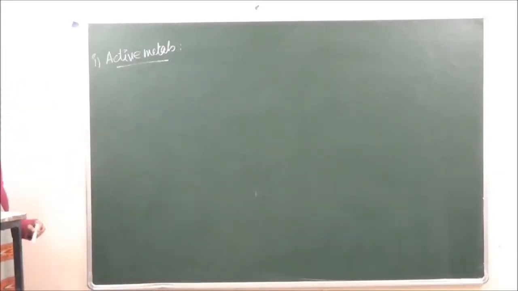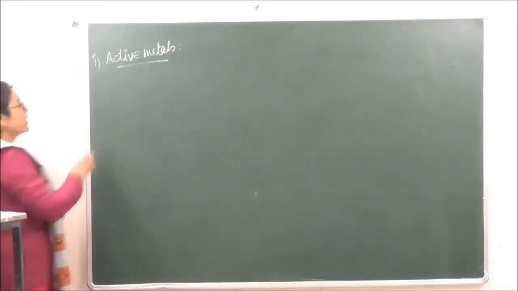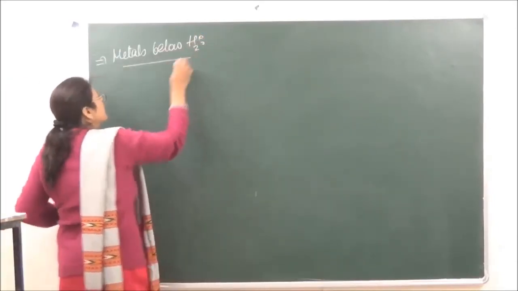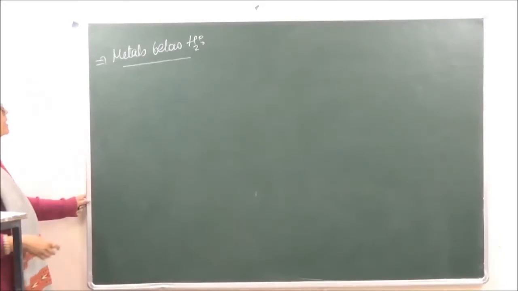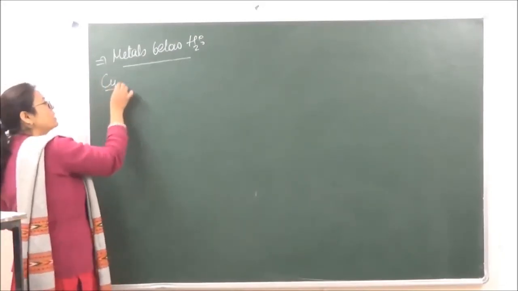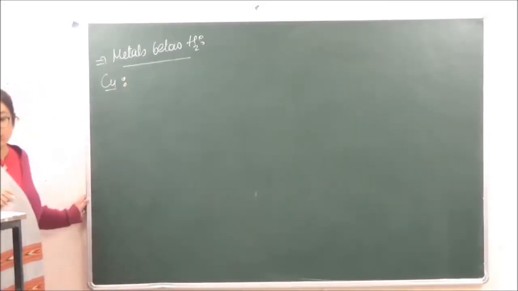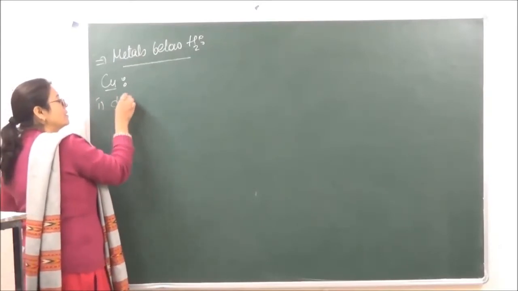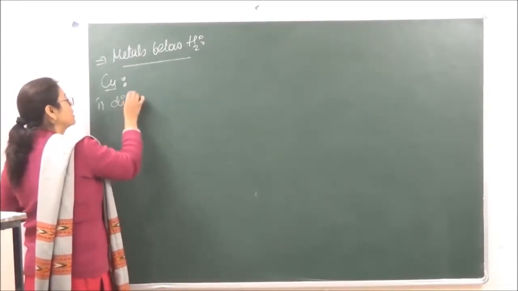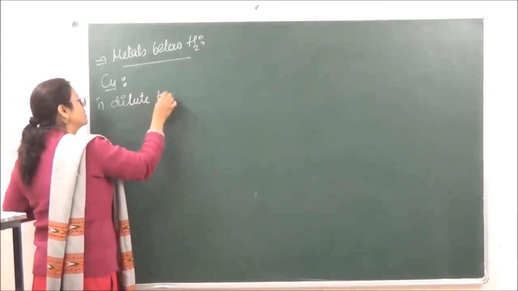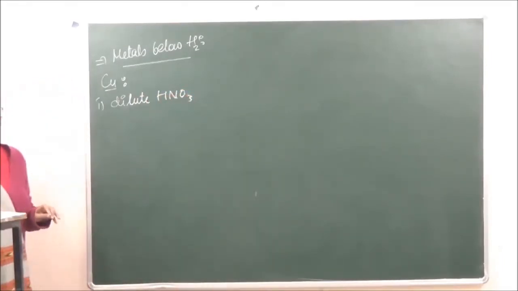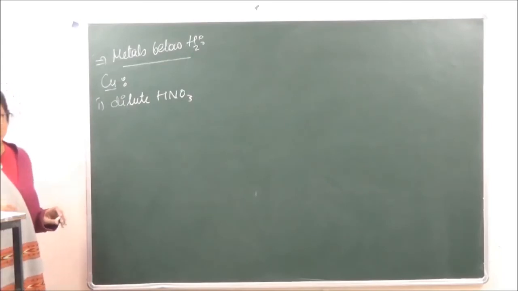Next reaction is the reaction with metals below hydrogen in the electrochemical series. The first reaction which we are going to discuss is with copper. We are reacting it with dilute HNO3. Copper is a little less reactive with acids.